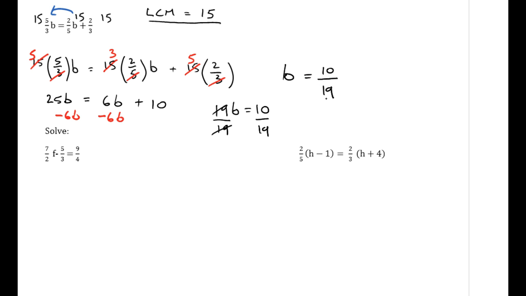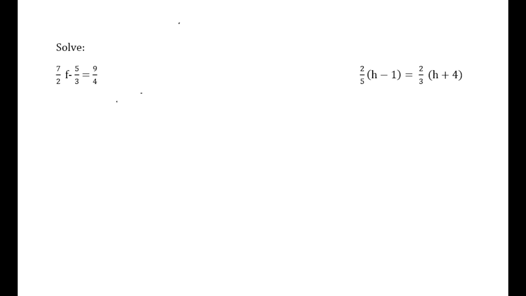Okay, so a much simpler way of doing this, using a little trick of multiplying every term by the lowest common denominator. Let's go ahead and try the next example here. We have 7 over 2f minus 5 thirds equals 9 over 4.